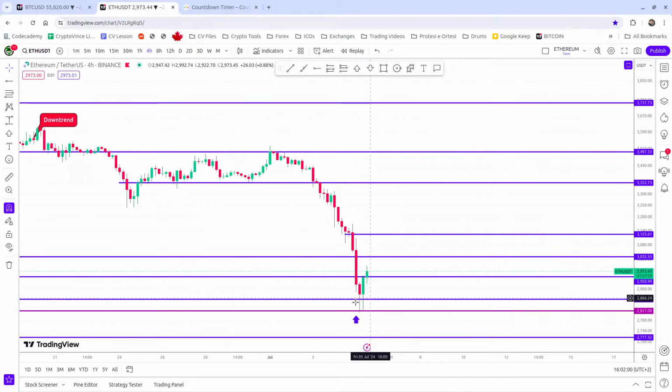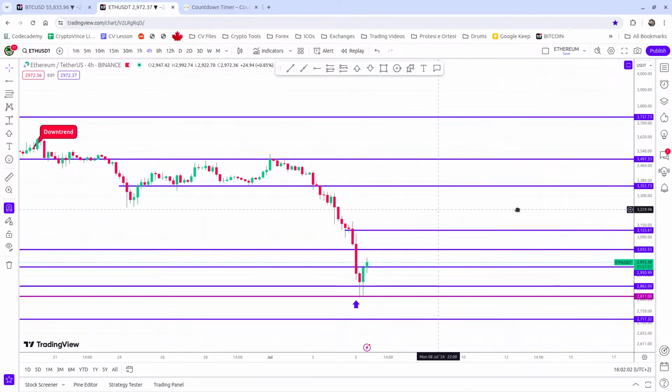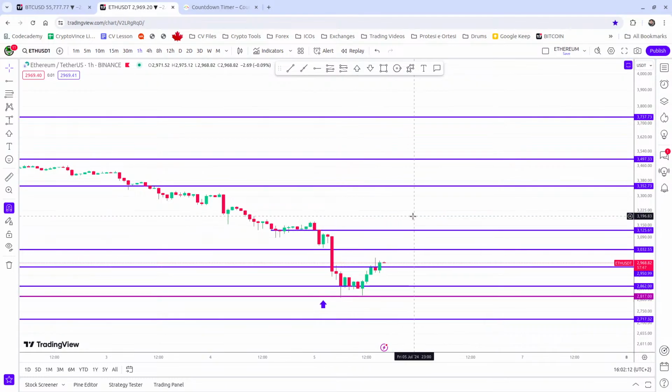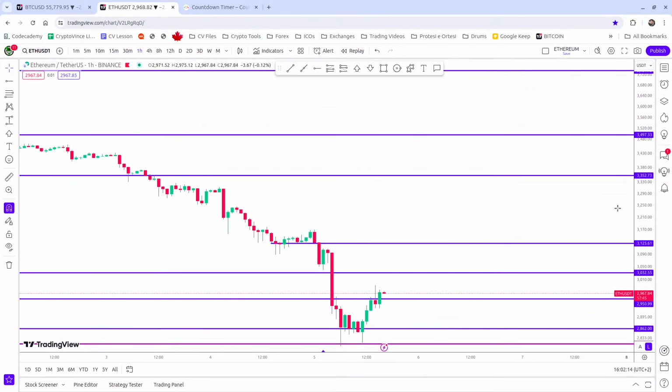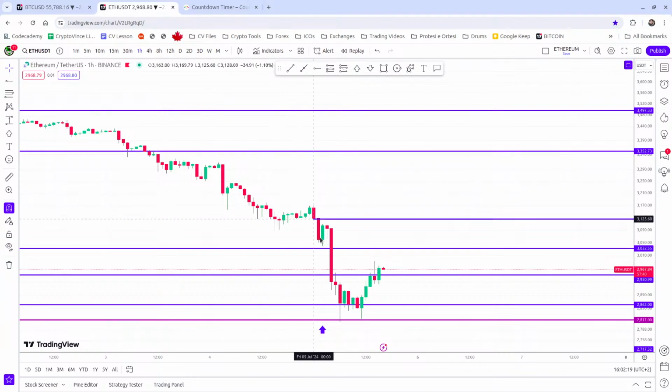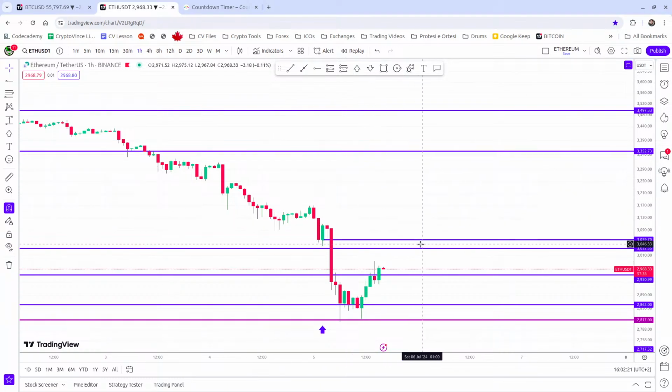We have a bullish engulfing, and similar to Bitcoin, it's trying to push up. Let's go check the 1 hour. We see more stuff. And that's the level to watch. Ethereum could go all the way up to 3K, I guess, and then again drop from the level, maybe.